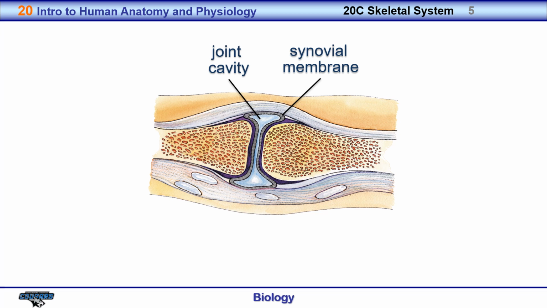The inner surface of that joint cavity is called the synovial membrane that lines the inside of it, and it produces synovial fluid, which is a very slippery fluid that lubricates the joint. It also acts like a shock absorber to take some of the jolting out of walking or jumping and things like that, for instance, in your knees.